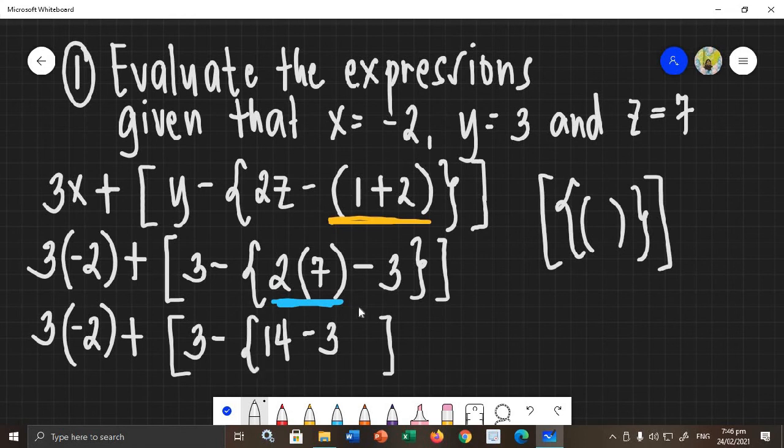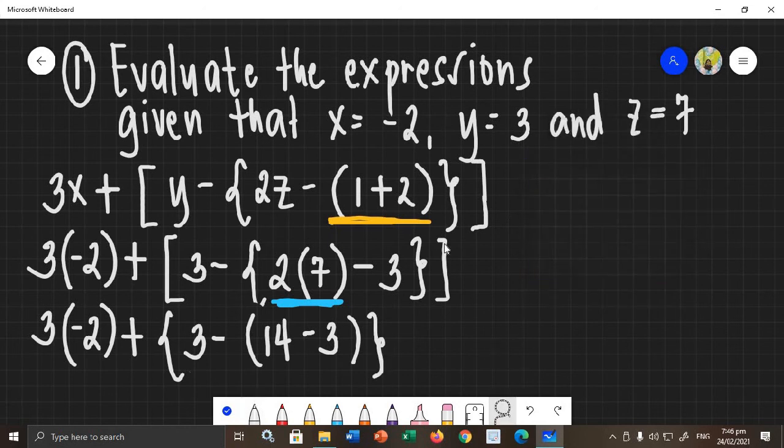So, imbis na braces yung nandito, I am going to change this as yung parentheses. And imbis na brackets yung nandito, braces yung ilalagay natin. Okay? Kasi parang na-cancel out mo na, napaliit mo na yung mga term dito.